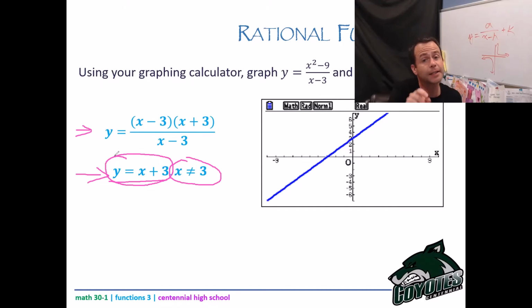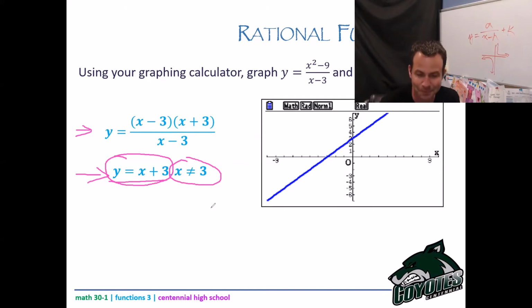I can't plug the forbidden x value into my original equation, right? Because it's a non-permissible value and I'll get an error. But in the simplified version, the NPV isn't there anymore. And so I can actually plug the forbidden x value into the simplified version. If I plug in a forbidden input, I'm going to get out a forbidden output.